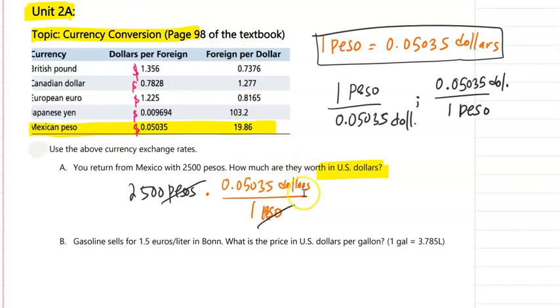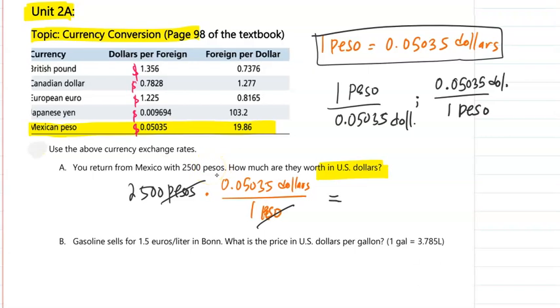My final answer unit is the dollar amount. So if you multiply 2500 by this number, you get $125.88. That's the answer.